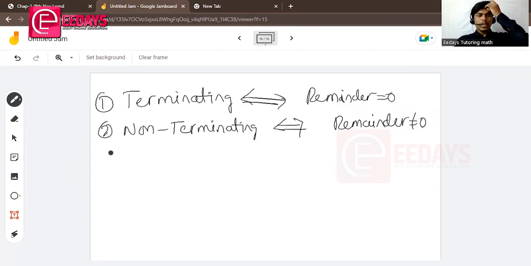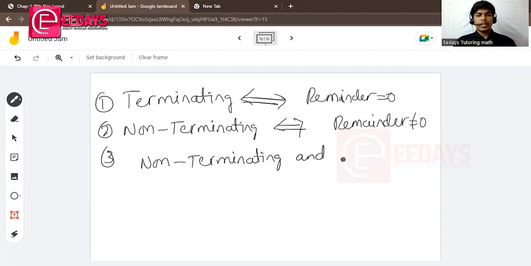Now the third one is non-terminating and recurring. The example would be 3.6 bar. So 6 is repeating like this, so that's why we call it recurring.